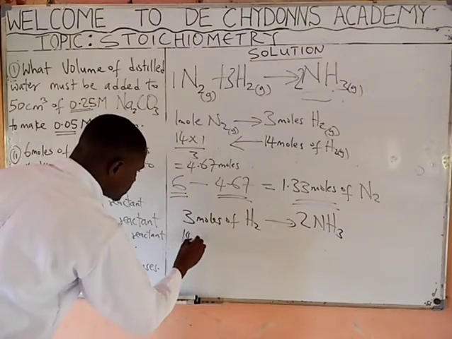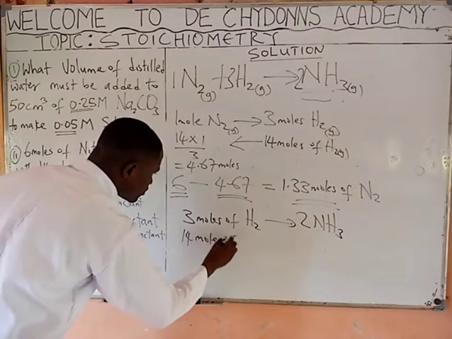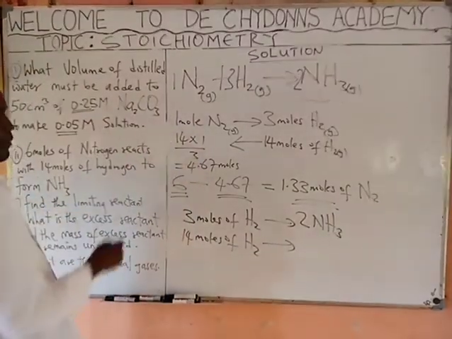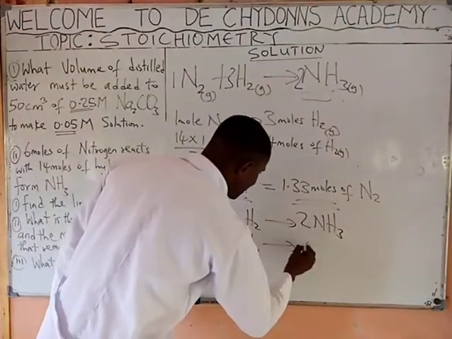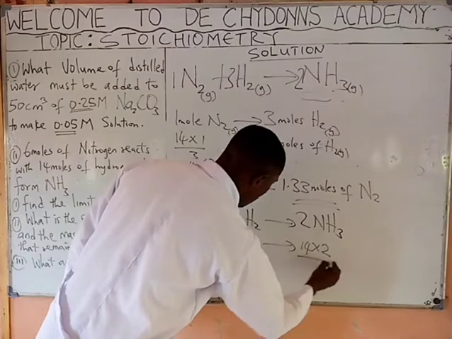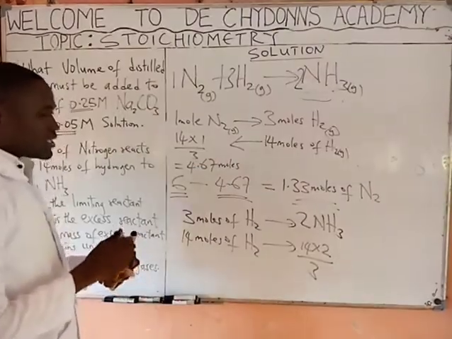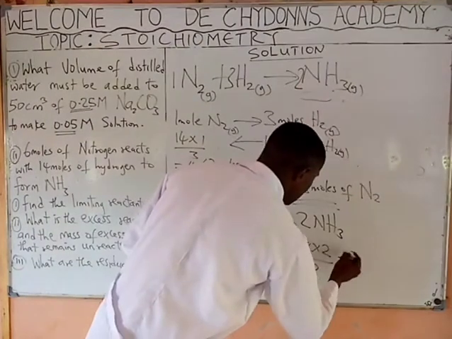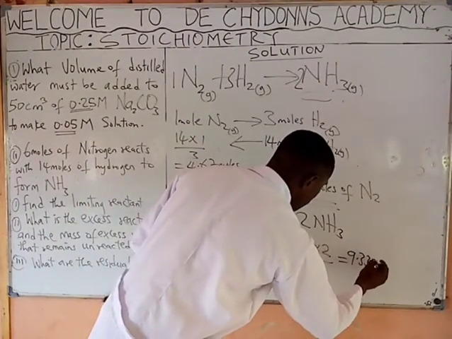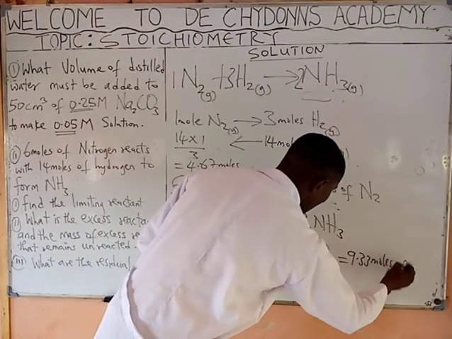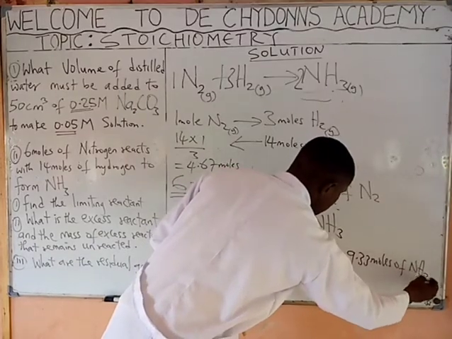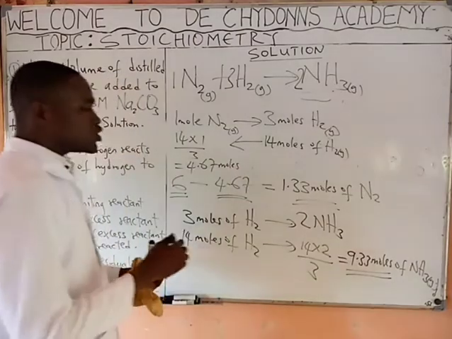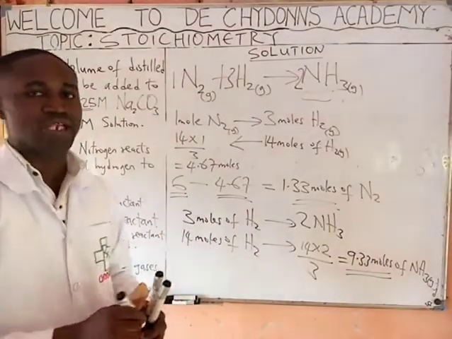We use 14 moles of hydrogen. That will be giving us how many amount of ammonia? 14 times 2 all over 3. 14 times 2 all over 3 will be giving us 9.33 moles of ammonia. So this is the amount of ammonia or the moles of ammonia produced in that reaction.